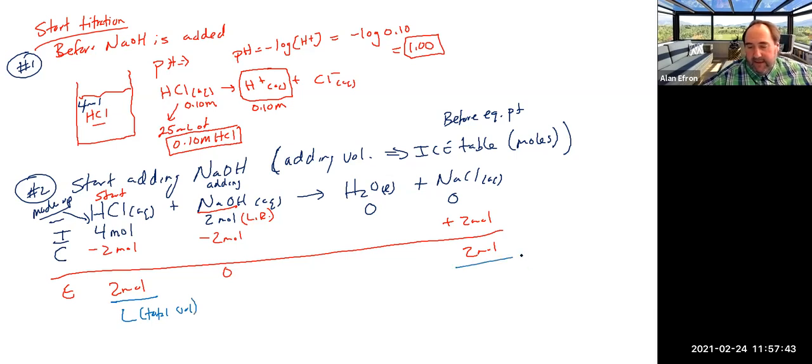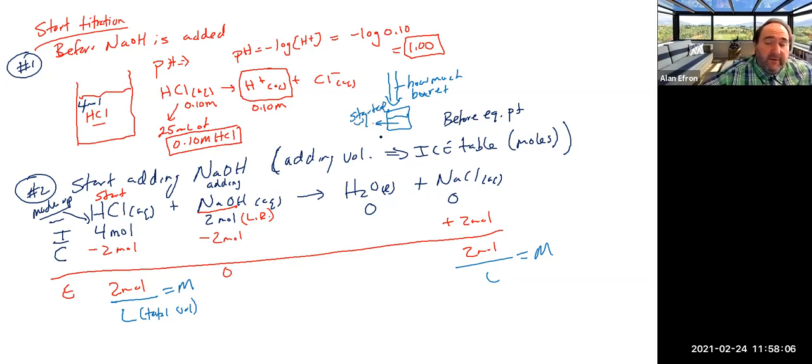In this case, just so we're clear, the total volume would be how much you added from the burette, and obviously how much you started with in your beaker or your flask, whatever it may be. That's how you get the total volume at this point in the titration.